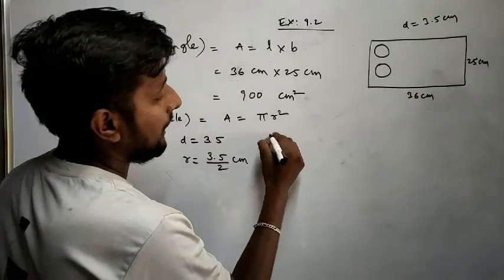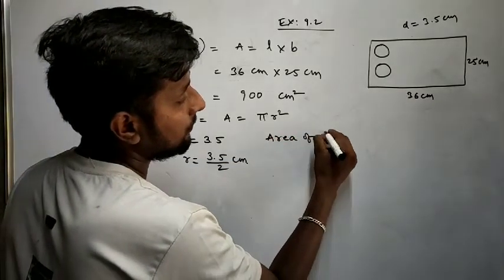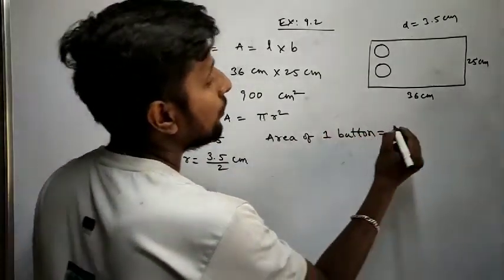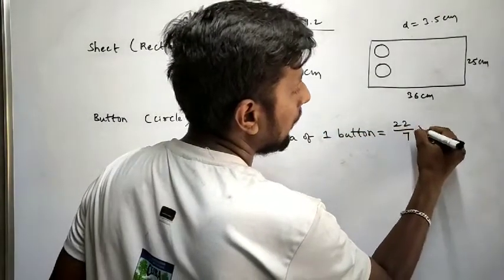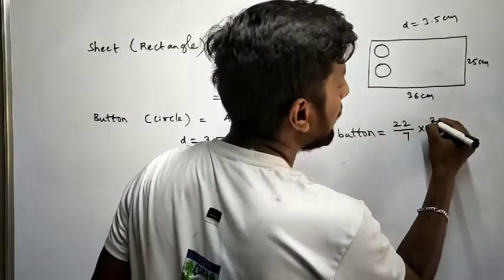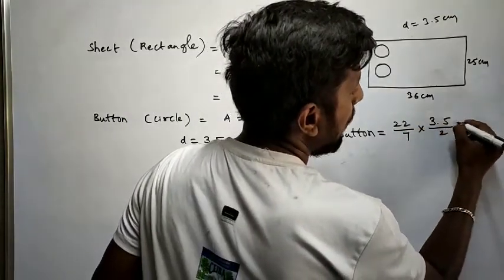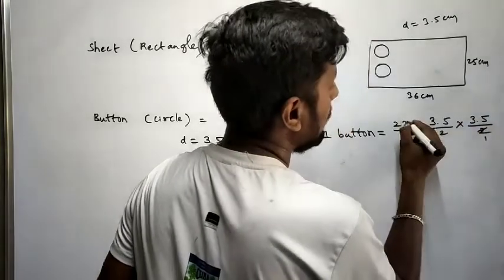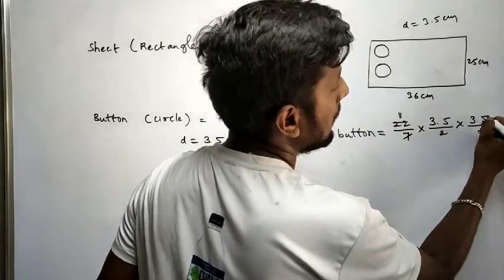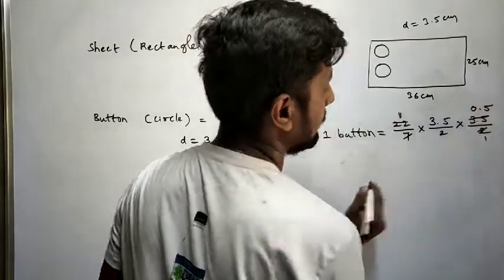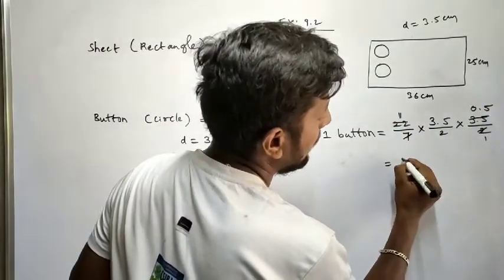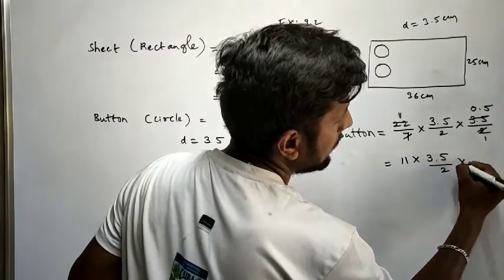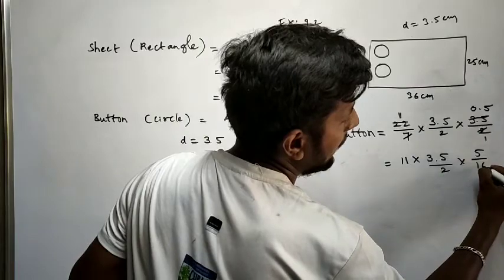Now area of one button, pi value 22 by 7. Okay. Next 3.5 by 2. Next 3.5 by 2. Yeah, 2 ones are 2, 11 times 0.5. Okay, so we'll write 11 into 3.5 by 2. So 0.5 is nothing but 5 by 10.